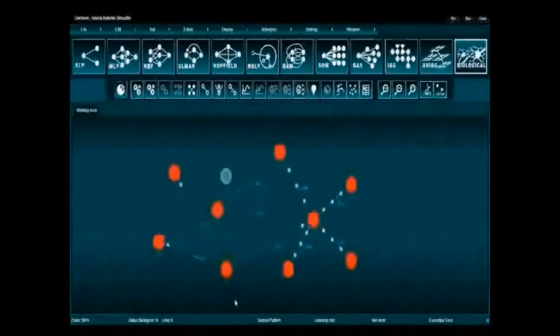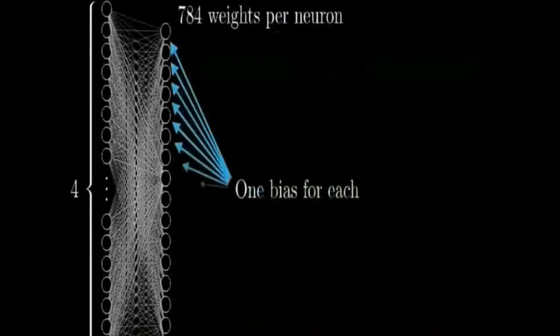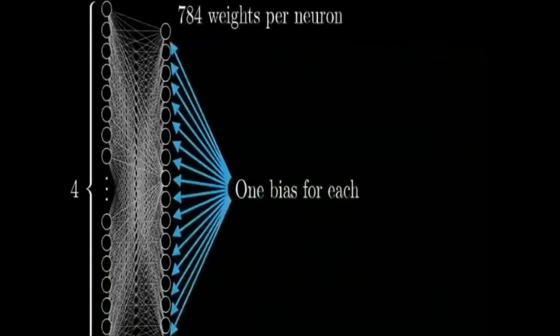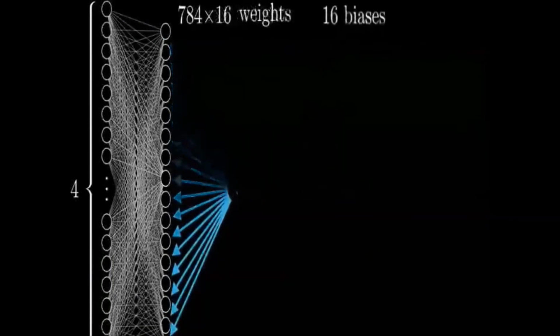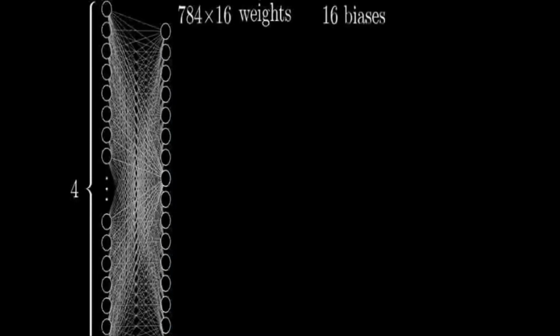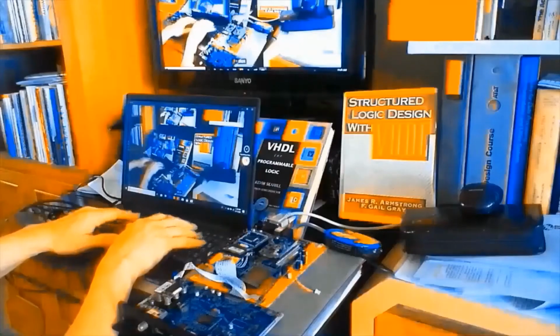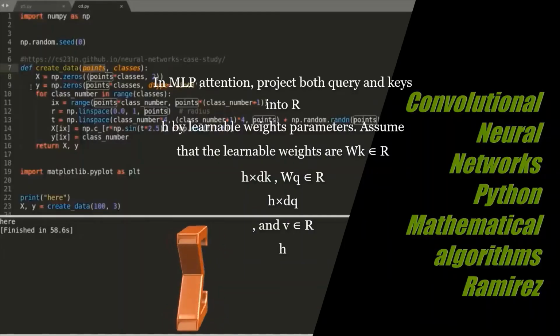The motivation for backpropagation is to train a multi-layer neural network, such that it can learn the appropriate internal representation to allow it to learn any arbitrary mapping of input to output.